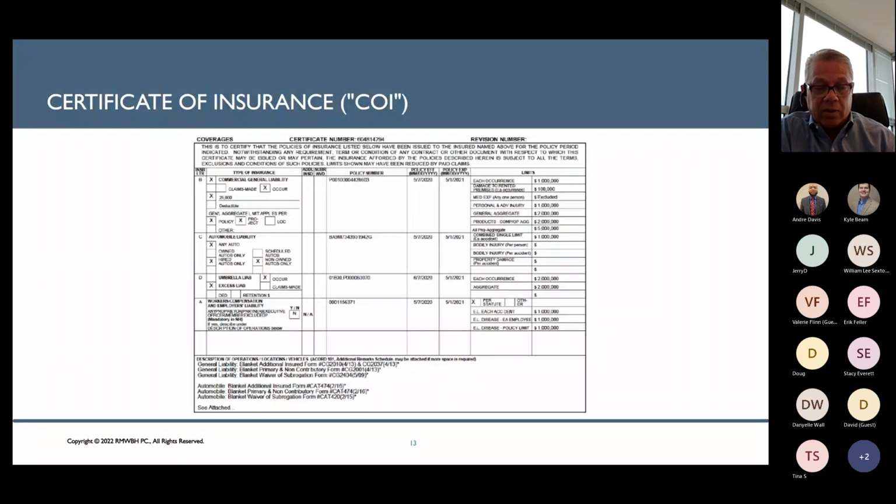typically you want them to have $1 million in automobile liability. This is a commercial automobile liability policy. And you'll get some small vendors who'll say, well, we have auto insurance. It's their personal auto insurance. And the issue with that is, well, that's fine, but it's going to be much less coverage.